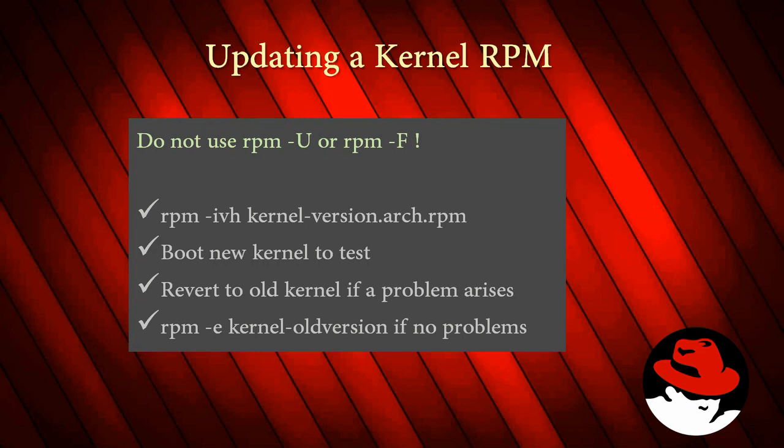Because of upgrading, it removes the previous kernel version, and if your newly installed kernel proves unstable, because you don't know whether a new version would run or not, and the old kernel files have been deleted, you could be left with an unbootable system.